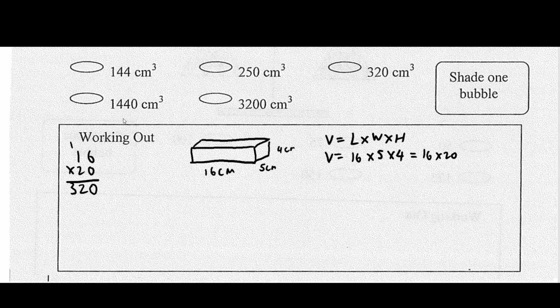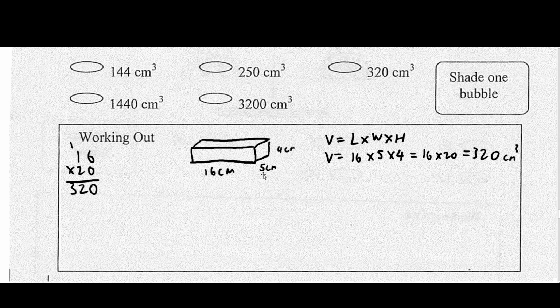Yep, so we just check. 2 times 6 is 12. Yep. That makes sense. So we've got here 320 cubic centimeters.